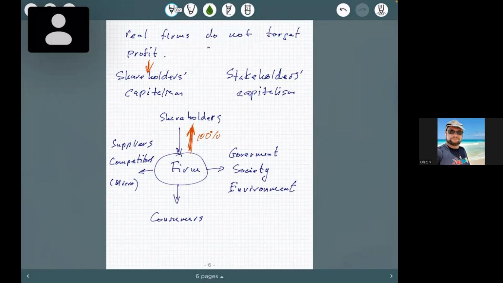Now, stakeholder capitalism is more complicated because it believes that the company contributes and has to satisfy everyone and has to provide value to everyone.